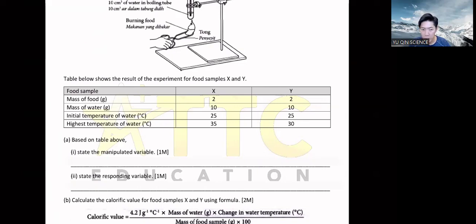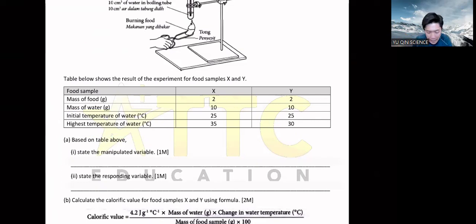Okay, good. Responding is the highest temperature of the water. You're in the right direction, but the wrong answer. So from 25 to 35, from 25 to 30, that's the change of temperature, how much the temperature has gone up.